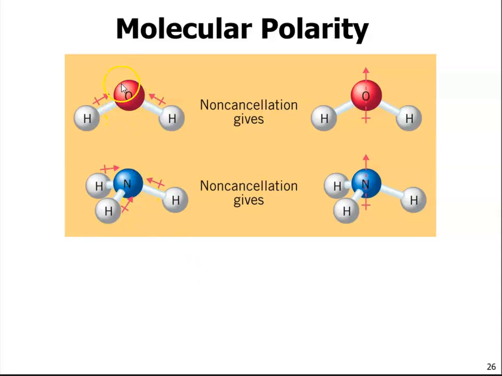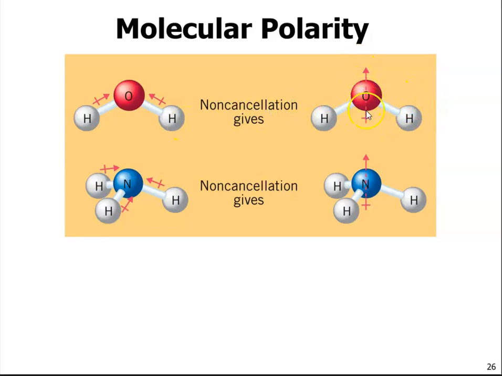Here we have oxygen, and remember there are lone pairs on the top of oxygen that are not being shown, and that's why we have this bent shape. But now, because of that, we have this positive end down here and a negative end towards the oxygen. So the dipole, you can see the arrow, we have a generally positive end down here, negative end on the top. This is not canceled then, and we do have an overall dipole.